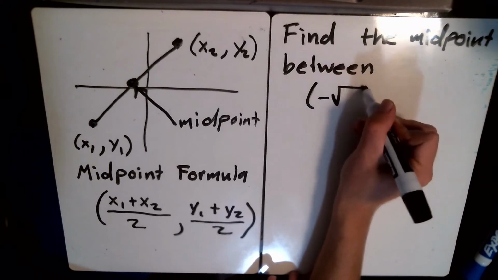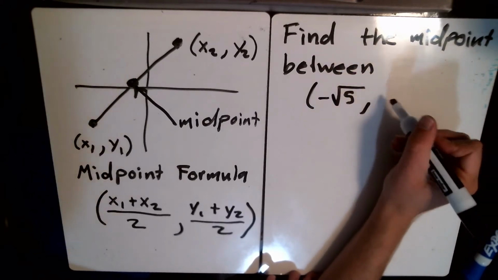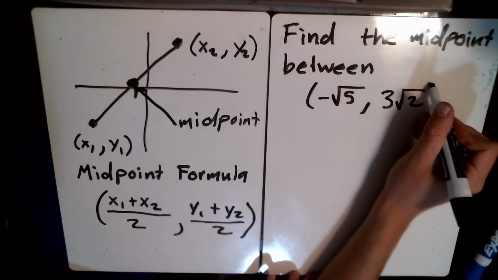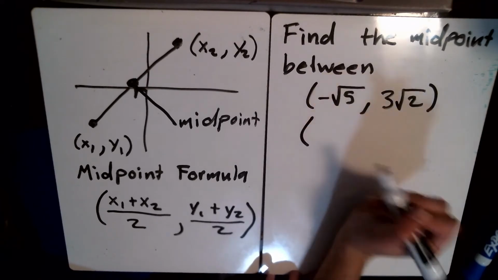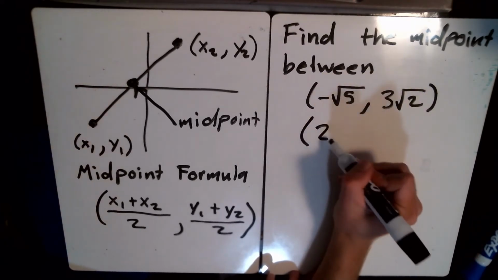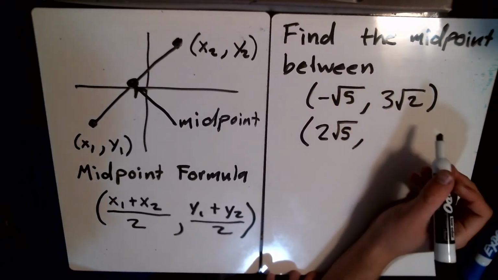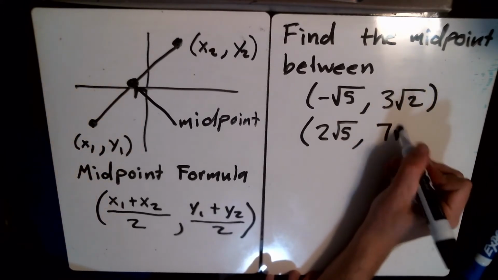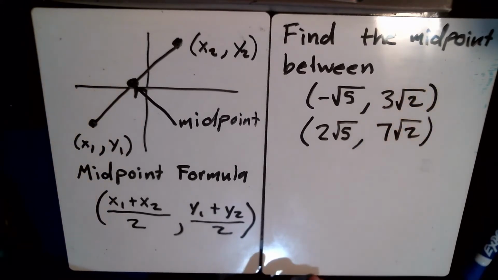Let's say we've got negative square root of 5 and 3 square roots of 2 as our first point, and our second point is 2 square roots of 5 and 7 square roots of 2. So these are our points. We have 2 points here, and I want to try and find the midpoint between them.